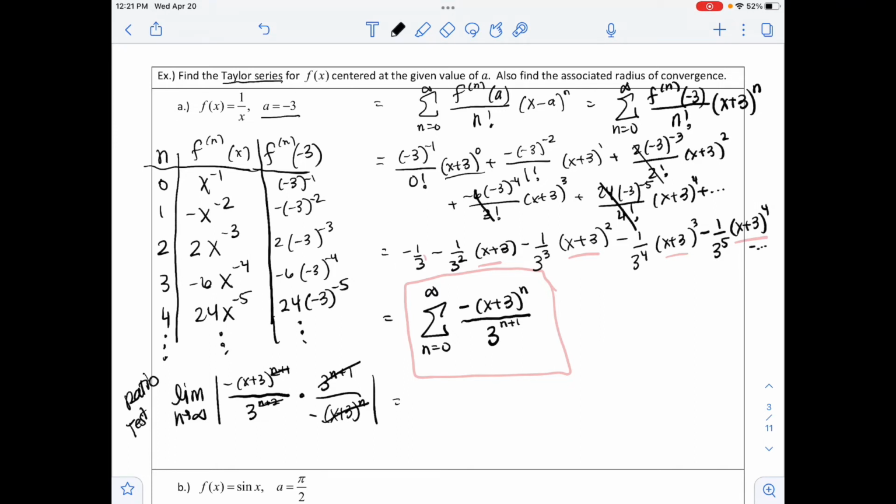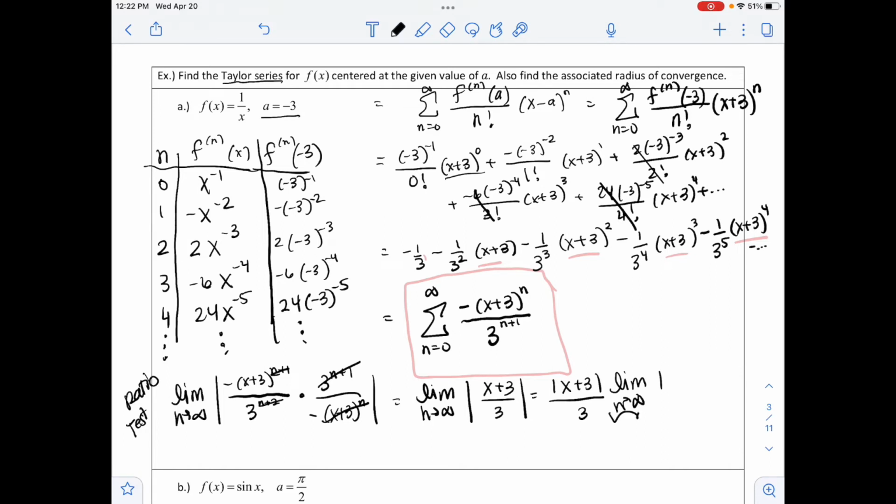And so this is going to simplify to the limit as n approaches infinity of the absolute value of, and again, the negatives don't matter because we are in absolute value, x plus 3 over 3. So this would all just be the absolute value of x plus 3 over 3 times the limit as n approaches infinity of, and technically it would just be 1.